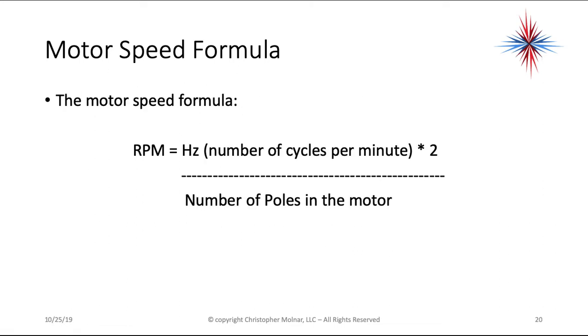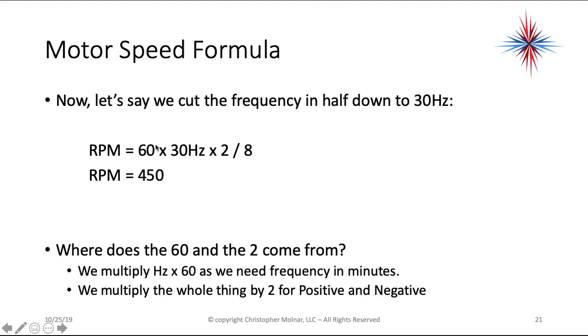So 60 times 2 divided by 8. If I have 30 hertz, it's 450. If I double this to 60 hertz, which is our normal, it's going to be 900. The 60 in the formula is because we multiply the hertz by 60, as we need frequency in minutes, because there are 60 seconds to a minute. We multiply the whole thing by 2 because of the positive and negative poles.